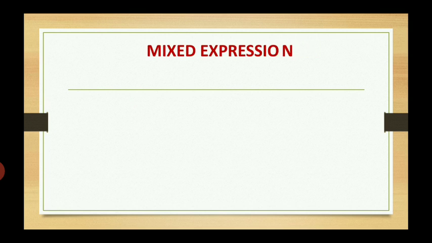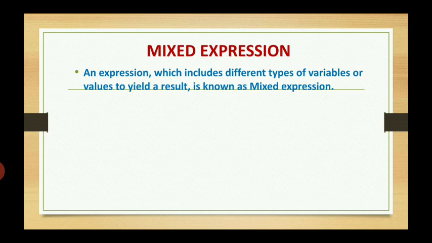Next is mixed expression. Just the opposite of pure arithmetic expression is mixed expression. The expression which includes different types of variables or values to yield a result is known as a mixed expression. Example, now you can see there are three variables with three different data types.